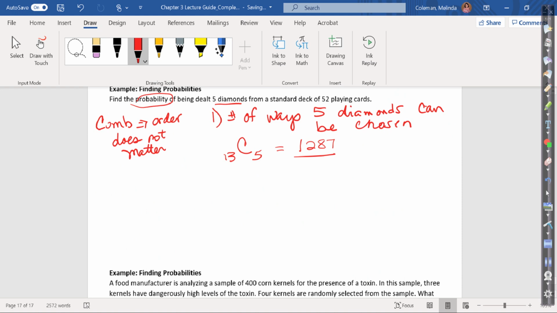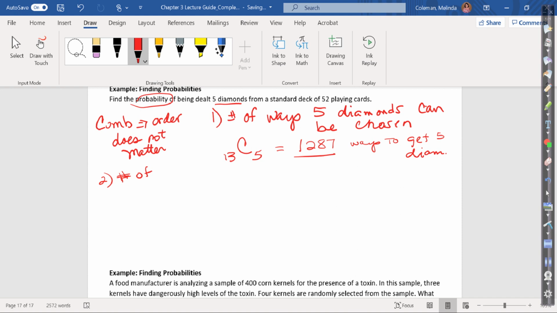So there will be 1,287 ways to get 5 diamonds, in any order, because remember, with diamonds, order doesn't matter. Then, for part 2, I need the number, because I'm doing probability. Remember, probability has to be over the total number.